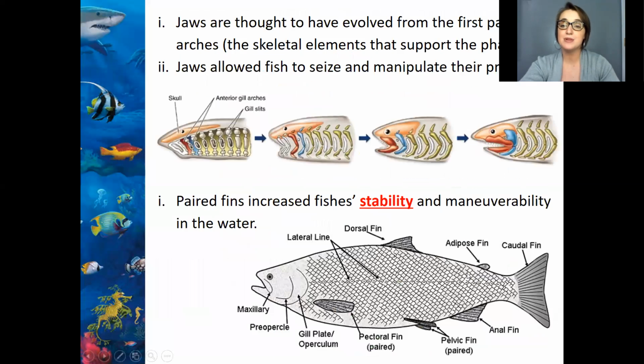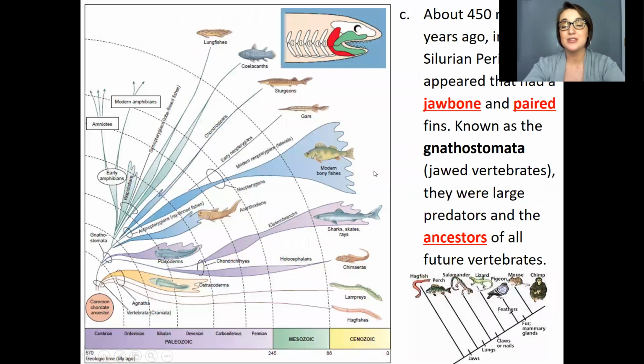So about 450 million years ago, we have now moved on, and those jawbones and paired fins have started to show up in these modern fish. So again, they had to evolve, or eventually they were going to die off. So this is where we got our first group of jawed vertebrates. Typically, these were going to be much larger predators than the jawless fish before them.